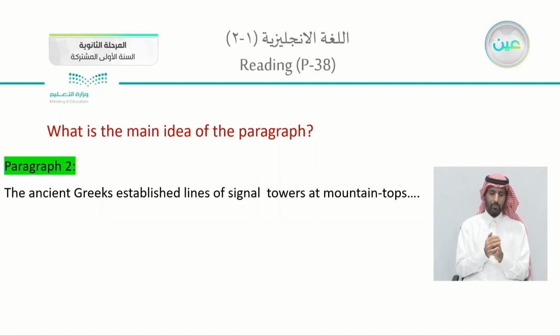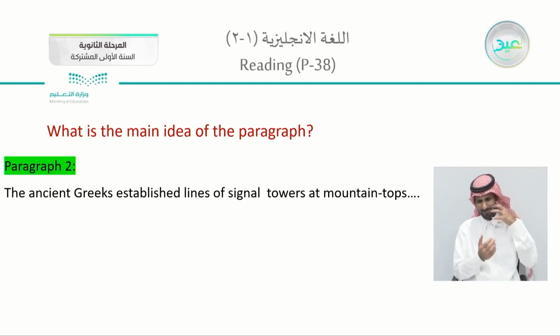The ancient Greeks established lines of signal towers at mountain tops. At each one, a large fire was lit to transmit a signal to the next tower, and in this way, information was passed on through the land. Also, almost anything that makes a noise has been used for signaling.